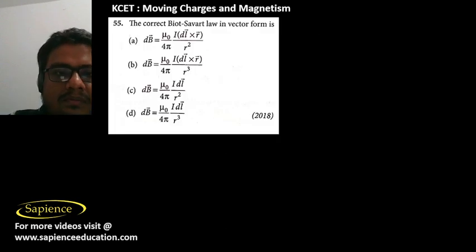And in question number 55, it is told the correct Biot-Savart's law in vector form is. So the vector form of Biot-Savart's law.